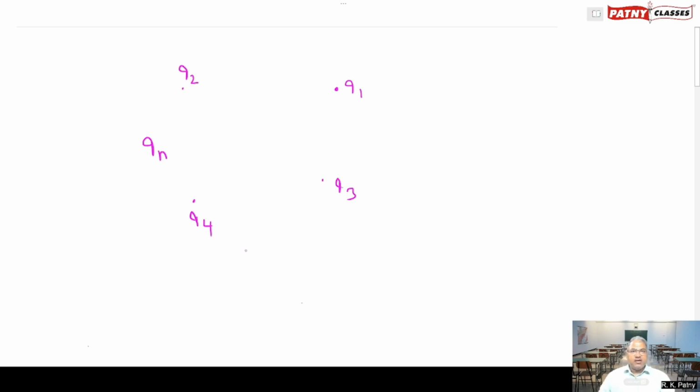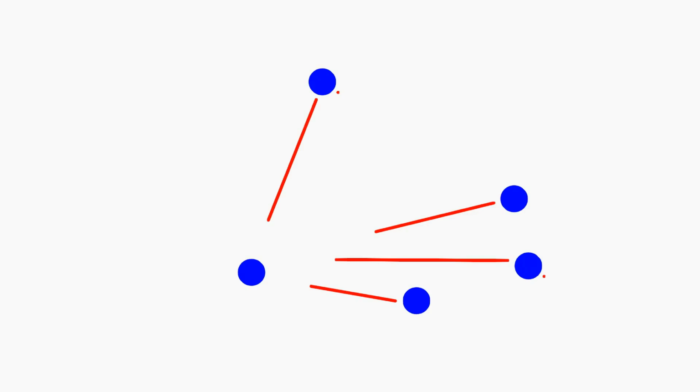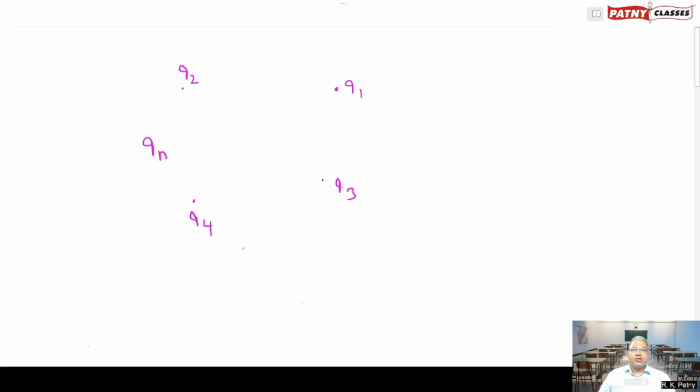So every charge is acting with some force on the charge Q1. If you want to find the total force acting on Q1, then that single force, the total force acting on the charge Q1, is obtained by the principle of superposition.